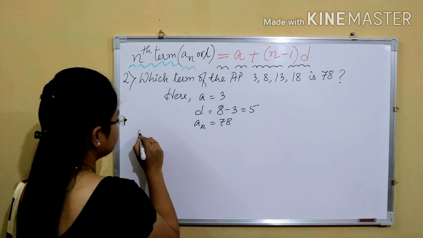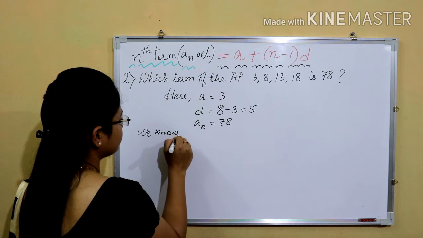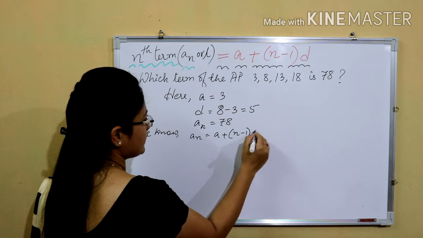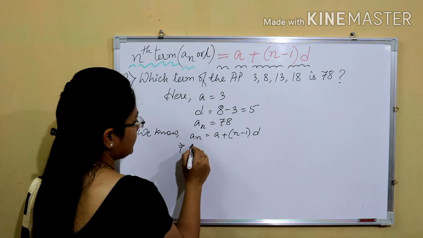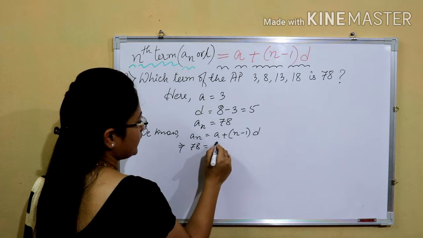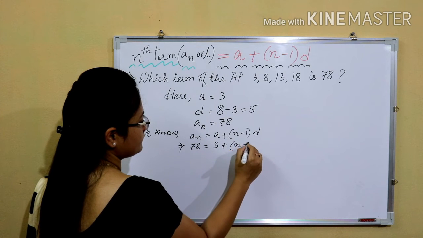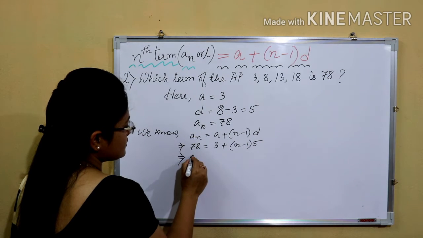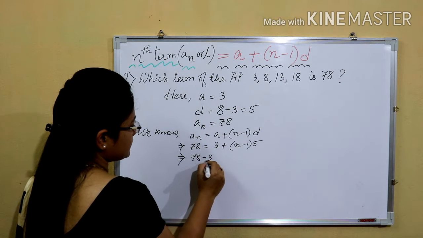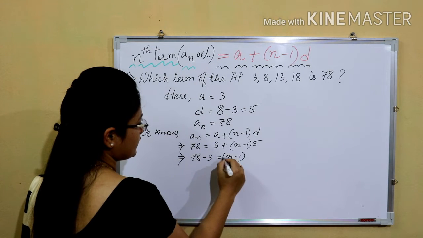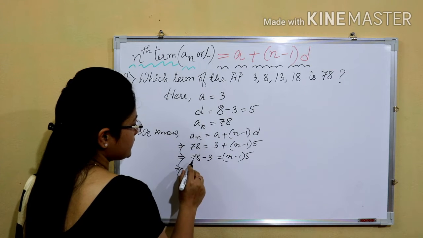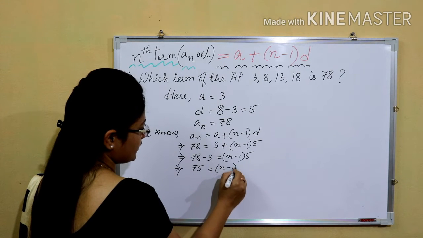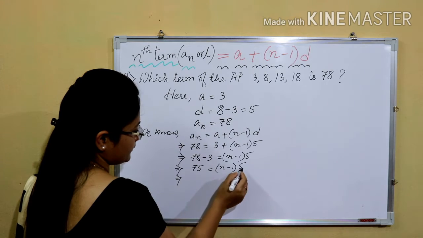So as we know, an is equal to a plus n minus 1 d. So your an in this case is 78, a is 3, n minus 1, d is 5. So 78, this 3 will come this side, it will be minus 3, n minus 1 into 5. 78 minus 3 will be 75, n minus 1 into 5. 5 you can see it is multiplied.